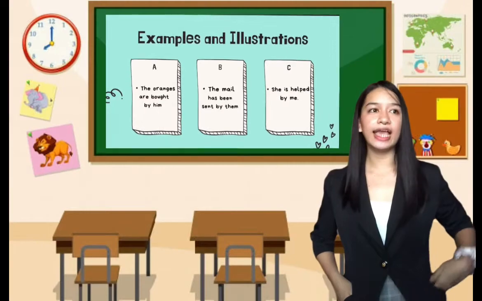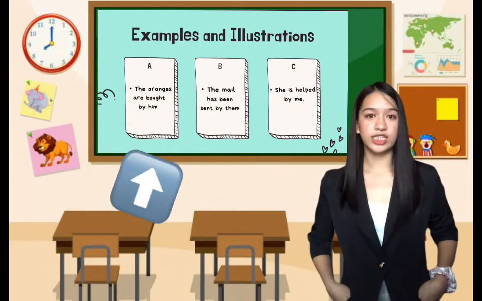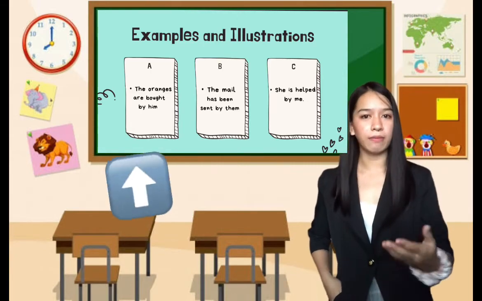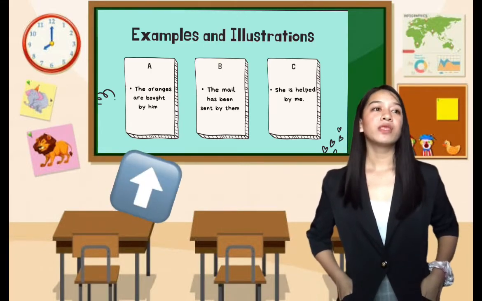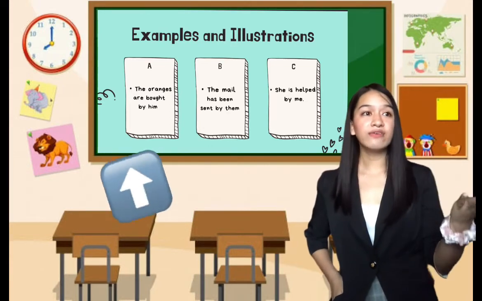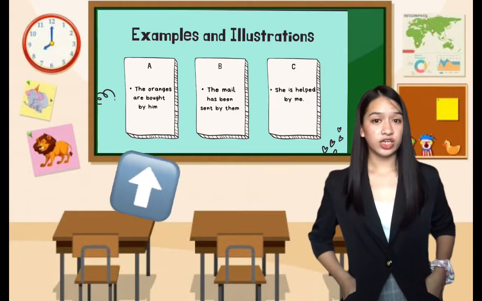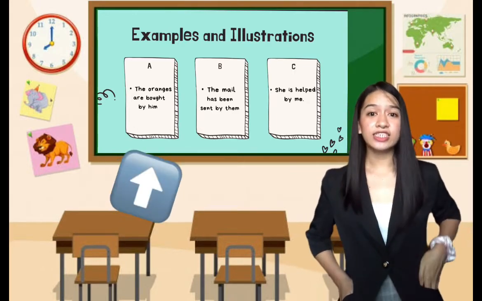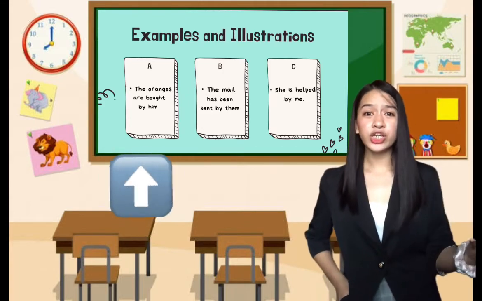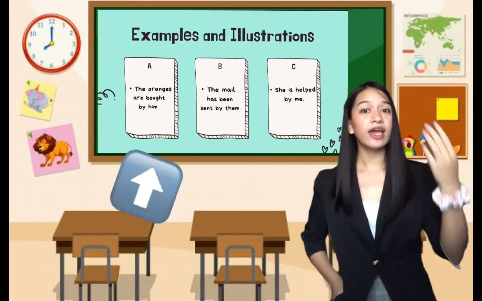The first example, here it goes: The oranges are bought by him. As you can see in the example, the oranges are the receiver of the action, and him is the doer.